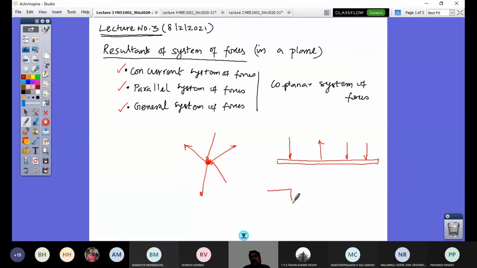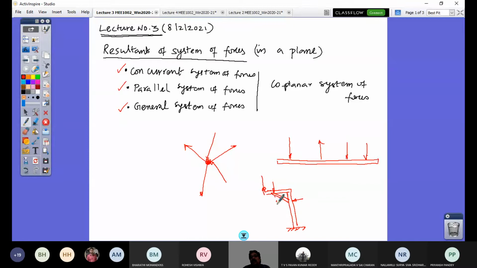For example, look at this as a frame. In this frame, this point is fixed in the ground, and you have three members connected, and this is a structure. If I have a force here, another force acting here, and then a third force acting at this joint, look here: you have two forces which are parallel, but the third force is horizontal.